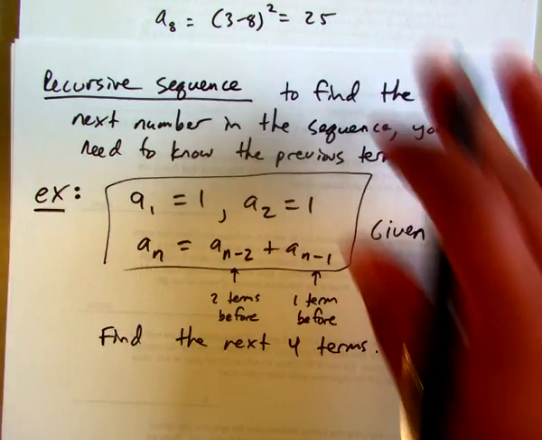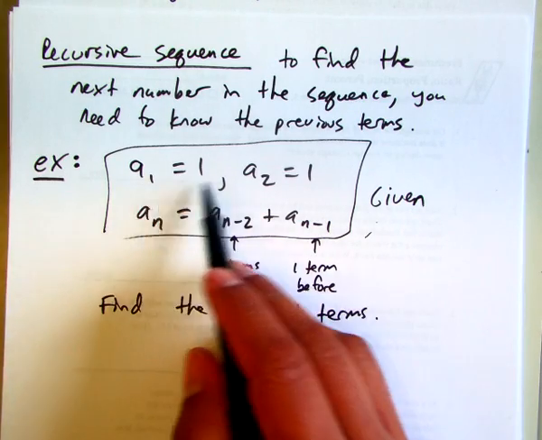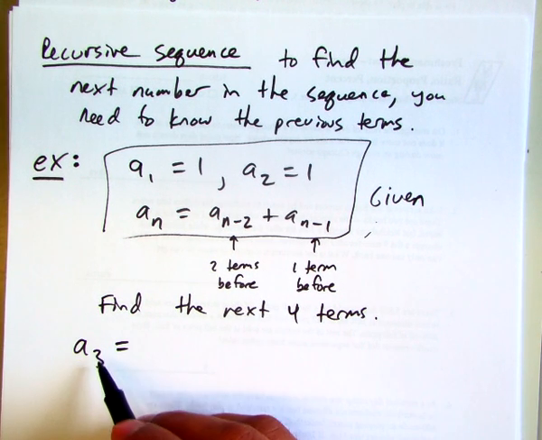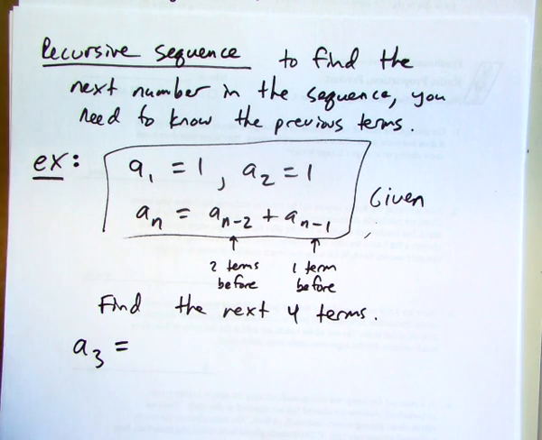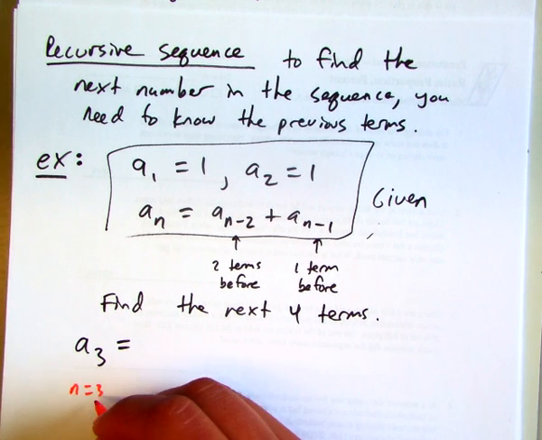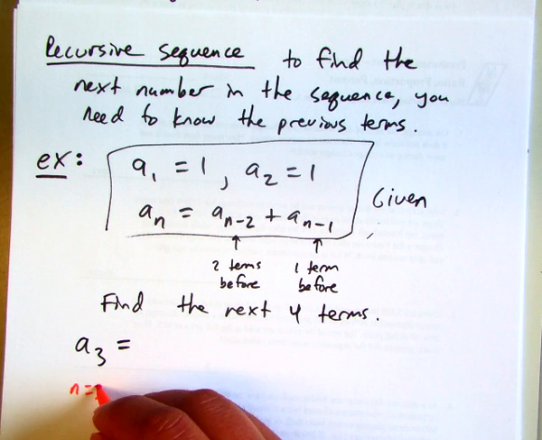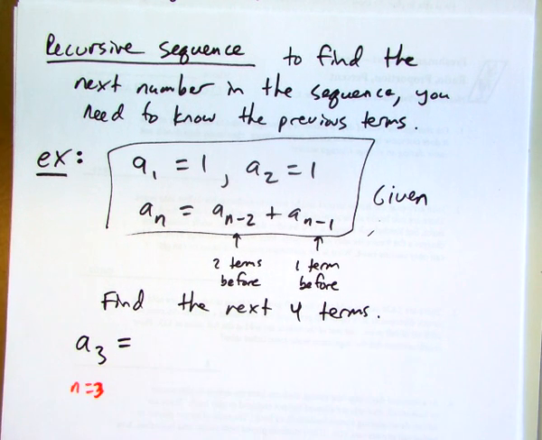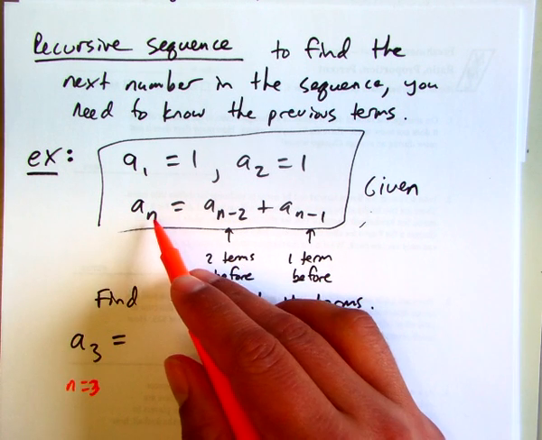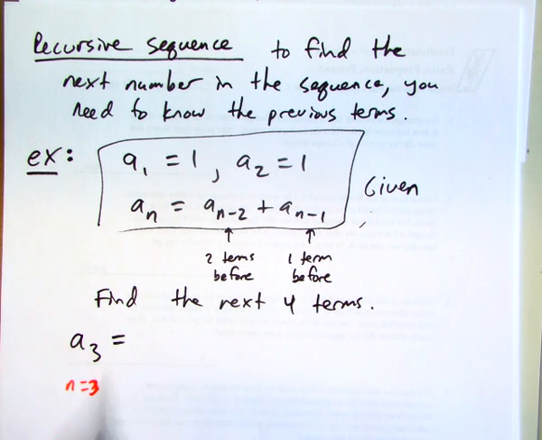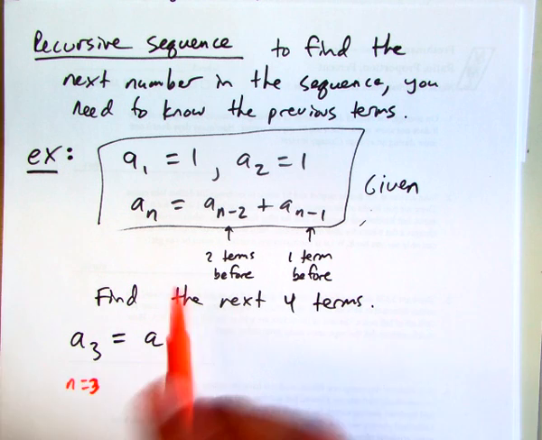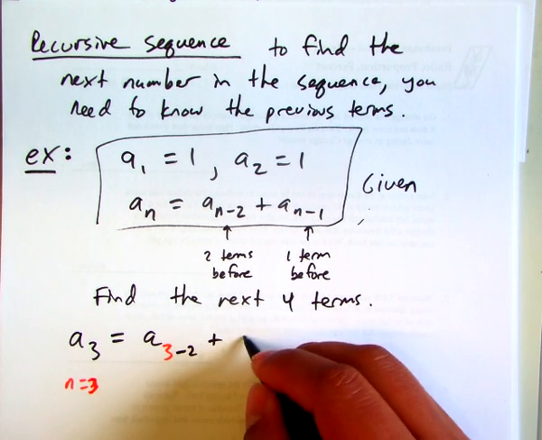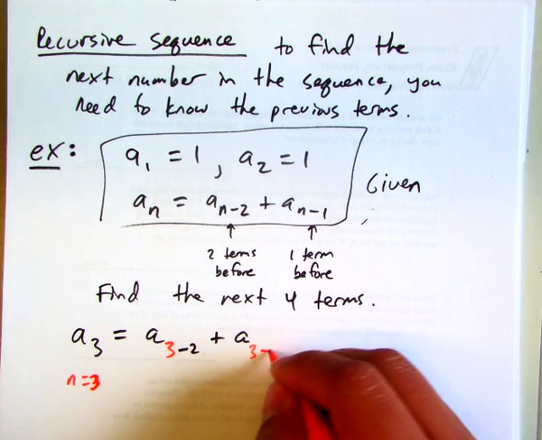Okay, so to do that, since I already know what the first and second term is, I need to find my third term. And if I'm using my formula, this is where n equals 3. So when I plug this into the rule, I'm going to do a sub 3 minus 2 plus a sub 3 minus 1.